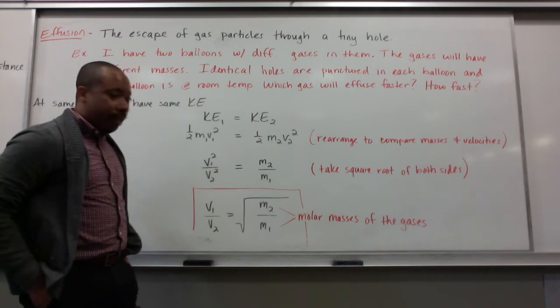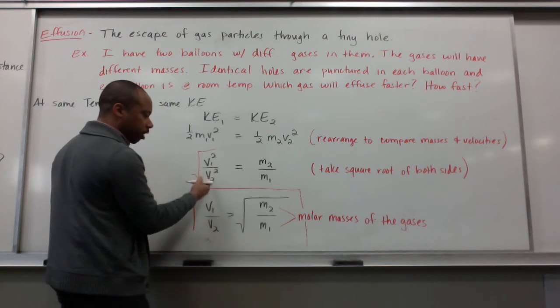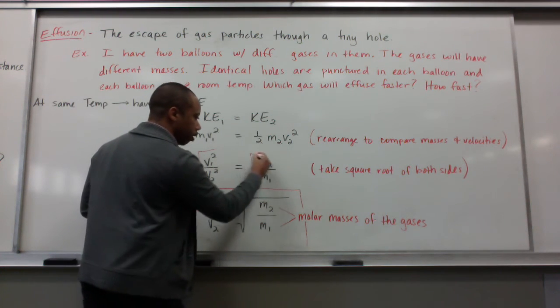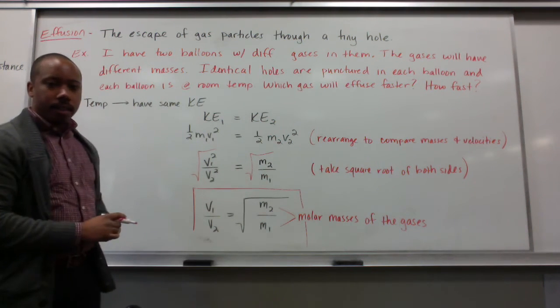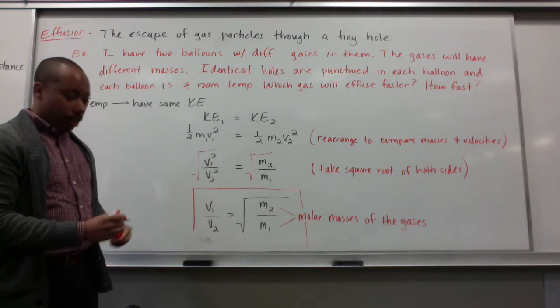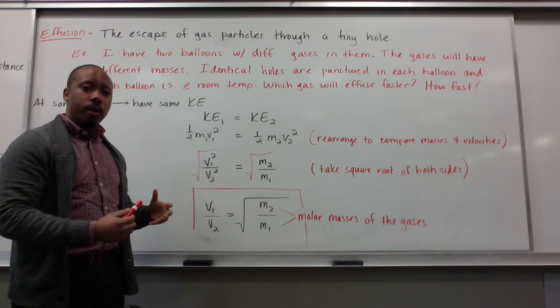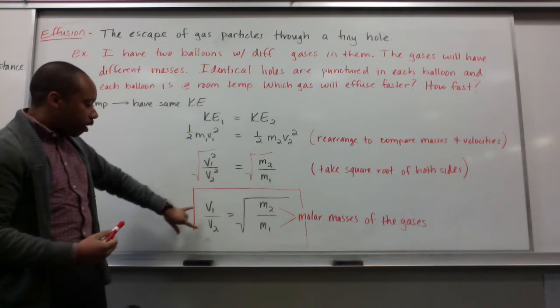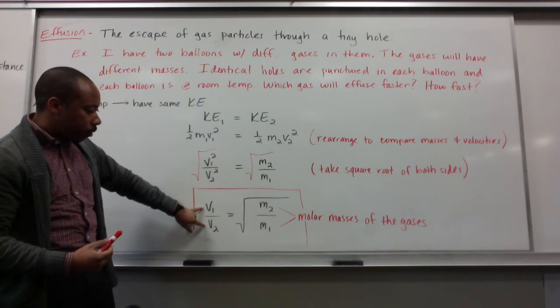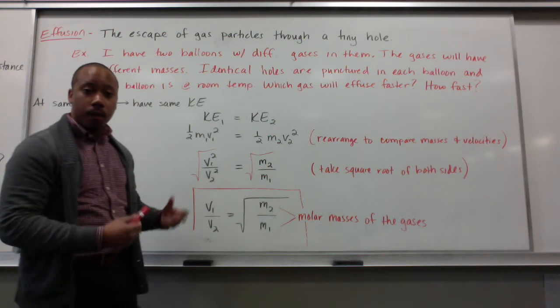Now I can take the square root of each, because I want to look at the velocity, not the velocity squared, of each side, and then I get this relationship here. This is a very important equation. That's why it's boxed. You might want to take note of that. But this tells me the ratio of speeds in relationship to the square root of the masses of those gases.